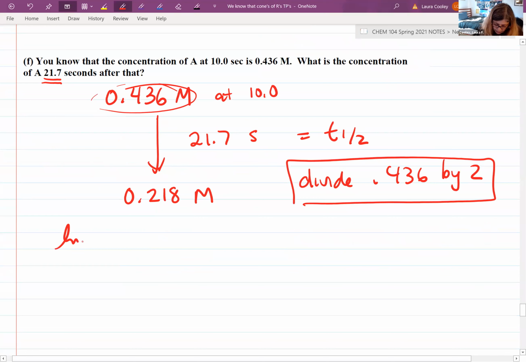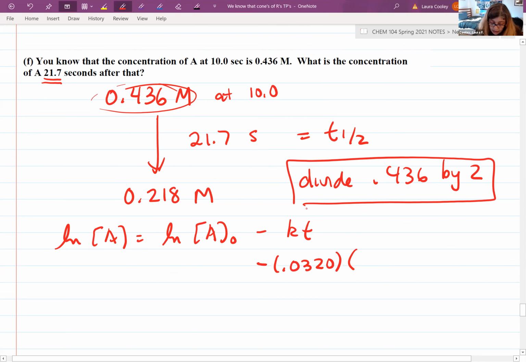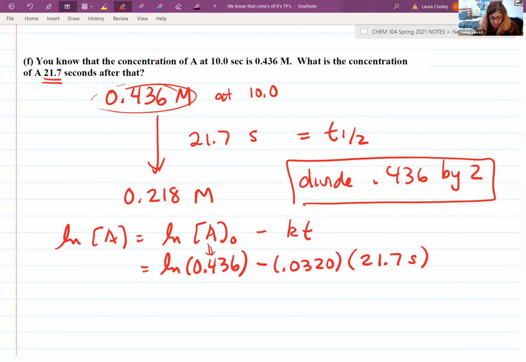But you could have done it the other way. The way we've been doing it. We've been doing this with 10 seconds and 10 seconds and 20 seconds, etc. But, you know, there are all kinds of ways of approaching this. So your initial now would be the 0.436, and you want 21.7 seconds after that. This comes out to 0.6944.